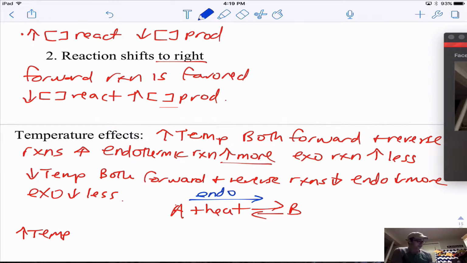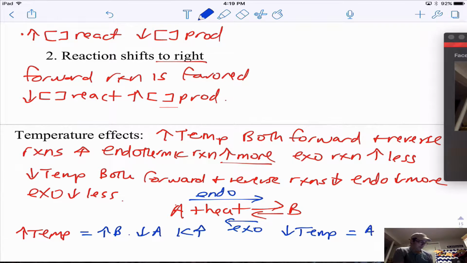So increasing temperature, this will result in an increase in B, a decrease in A, and a K that will go up. That's for this specific reaction. If you go in reverse, your exo, so decreasing temperature, will in fact lead to the exothermic reaction being favored. A will go up, B will go down, and K will go down as well.